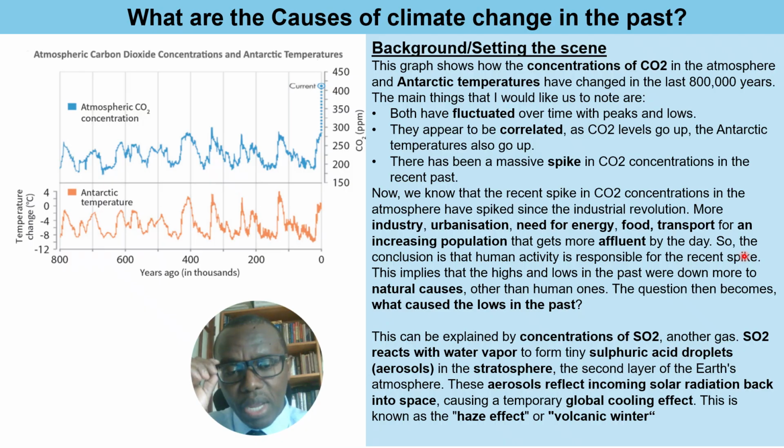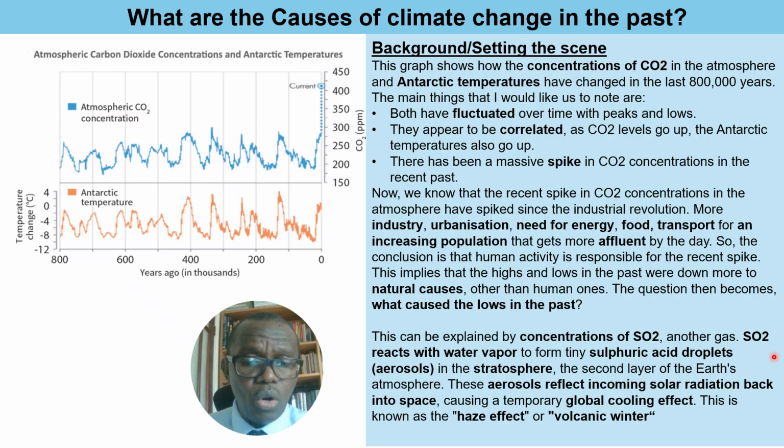So the question then becomes, like we've just discussed, what has caused the highs and lows in the past? And this can be explained by the concentrations of sulfur dioxide, which is another gas. So it's not just carbon dioxide, but sulfur dioxide. Sulfur dioxide reacts with water vapor to form tiny sulfuric acid droplets, which are referred to as aerosols.